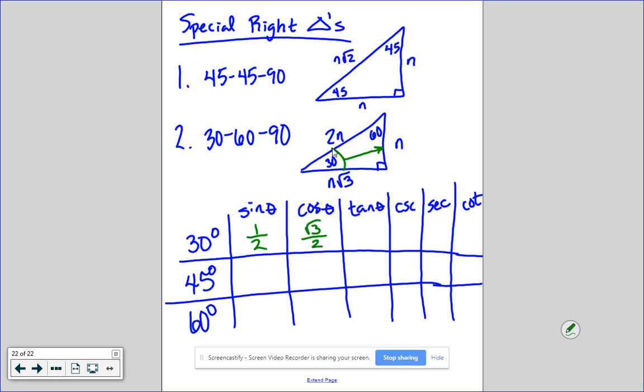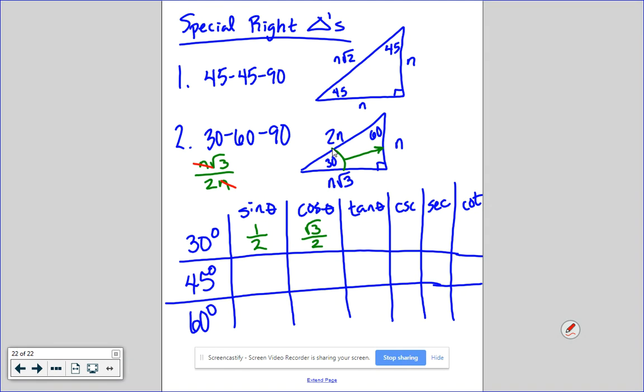Square root of 3 over 2. Because if I write that out, I have n square root 3 divided by 2n, adjacent over hypotenuse. And then I can just say, okay, n's gone, square root 3 over 2. You with me so far?